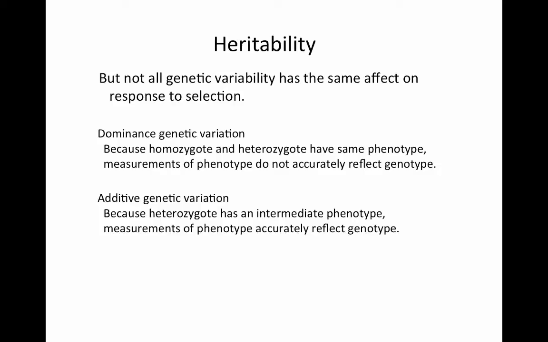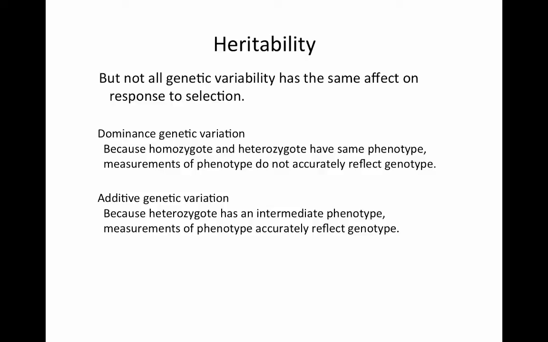We also have something called additive genetic variation. In your genetics class, you probably learned this as incomplete dominance. So in incomplete dominance, remember that the heterozygote has an intermediate phenotype between the two homozygotes. So that means that there's this one-to-one correlation between genotype and phenotype. Each genotype has its own distinct phenotype.